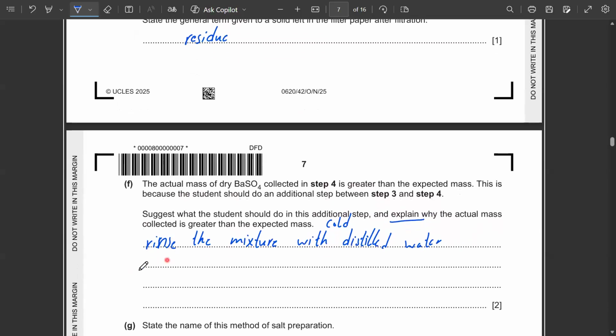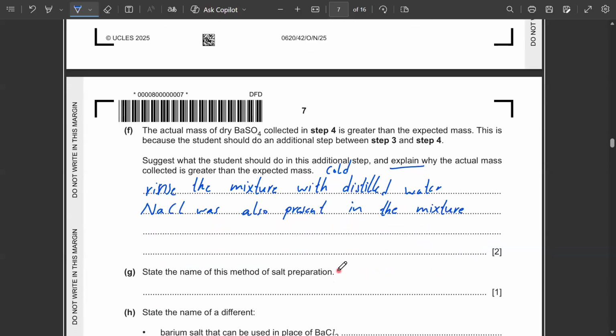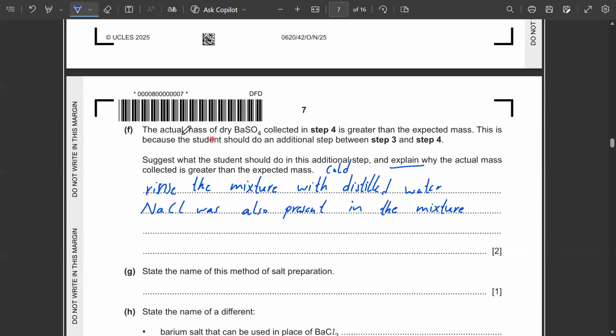We can say sodium chloride was also present in the mixture. For this reason, the mass of the mixture collected, or the mass of dry BaSO4 collected, was greater than the expected mass. It's not just BaSO4. Be mindful, it also has NaCl present.